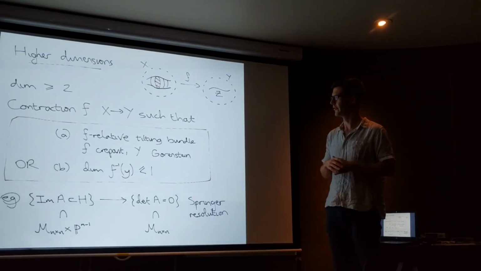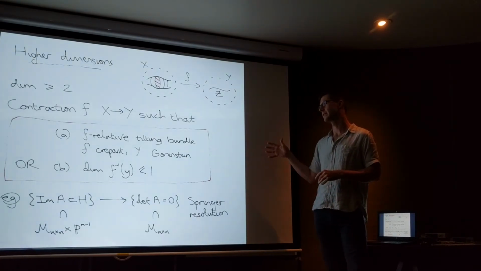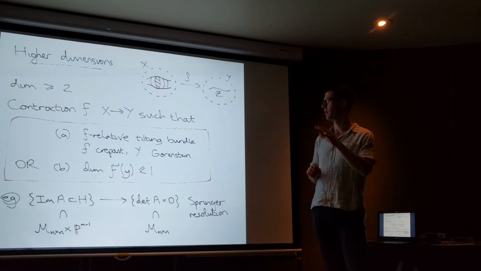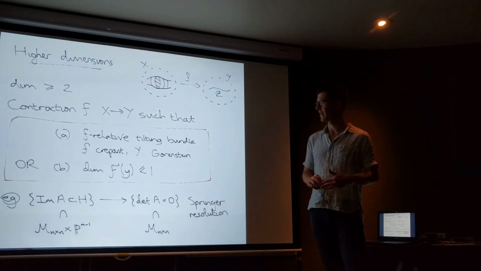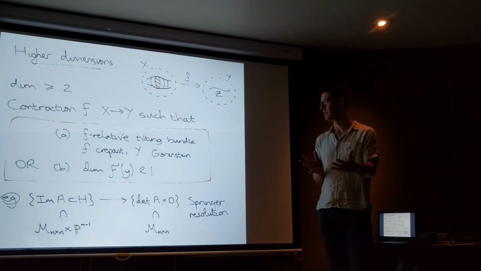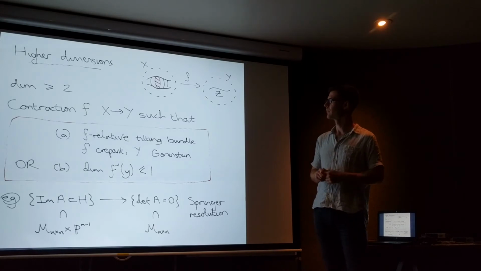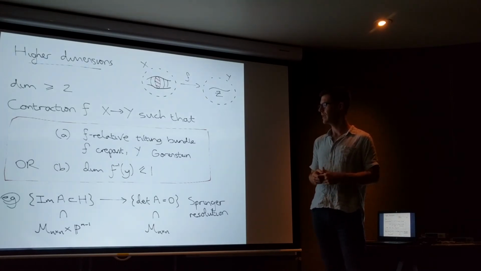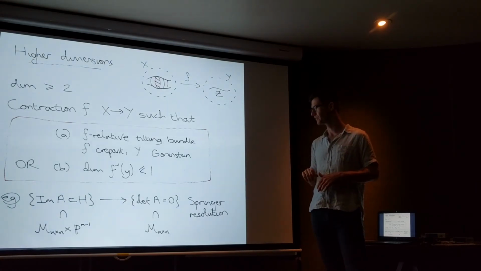So we can handle those cases under the assumption that there is a relative tilting bundle on X. So that's like in the theorem of Van den Bergh that I stated, a relative generator for the category X over Y. And I ask for X to be Kréppen and Y to be Gorenstein.